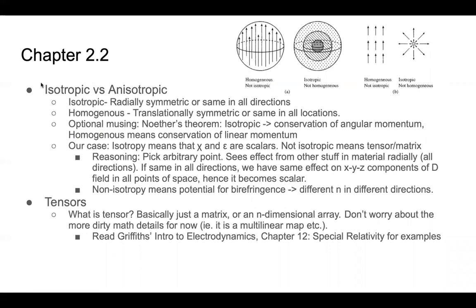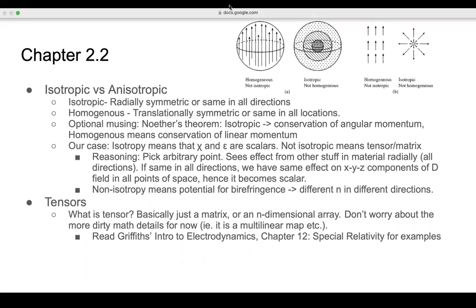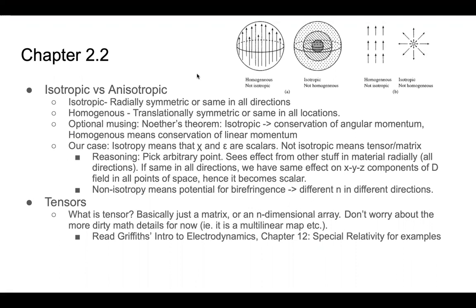So in this textbook, you probably see a lot in class references to isotropic and homogeneous. To clear some of that up, isotropic means it's radially symmetric, or the same in all directions, and homogeneous means translationally symmetric, or the same in all locations.